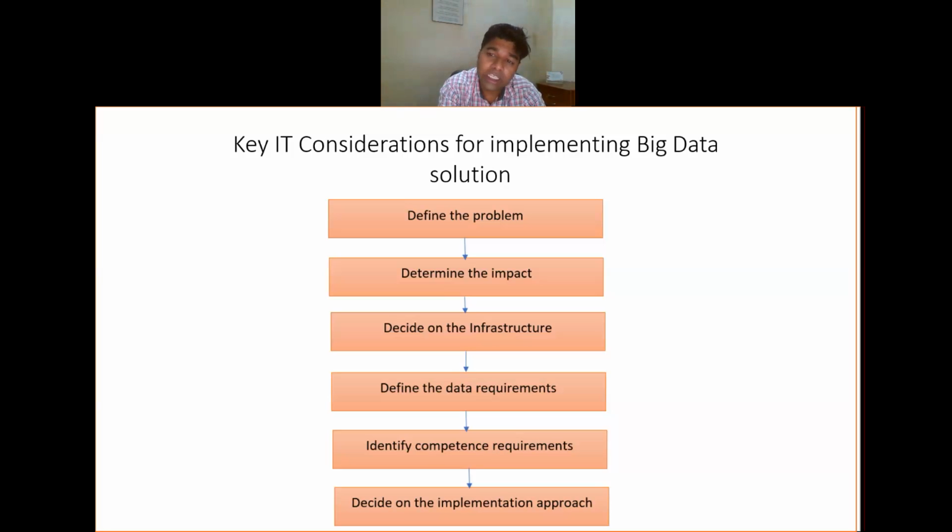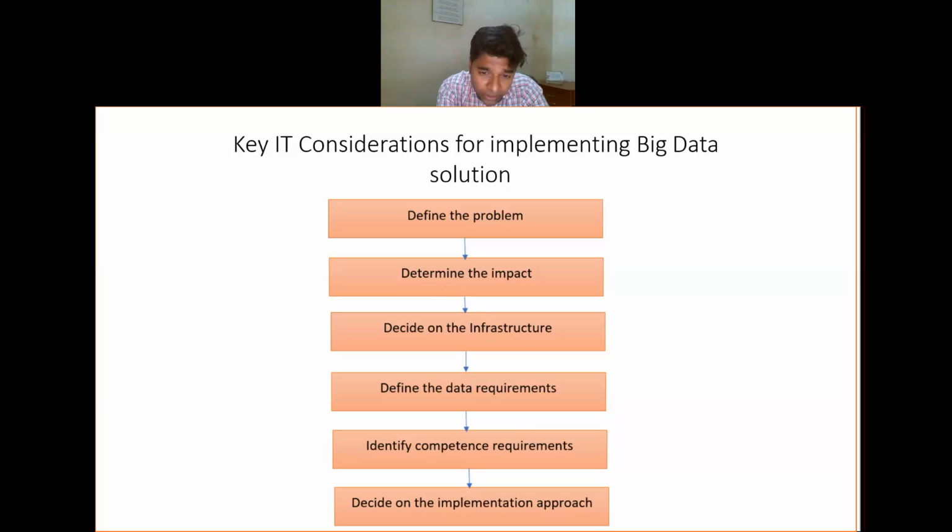Once these tasks are integrated with the overhead of the big data solution, what impact will there be? So we should determine the impact and clarify with the business person which impacts may occur after integrating the big data solution with the business.